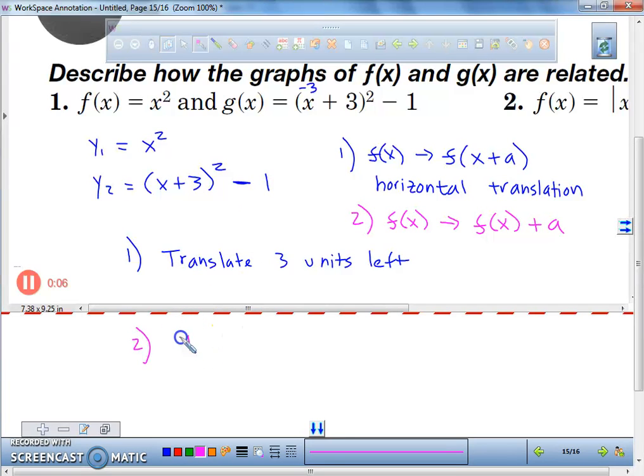So this was translated 1 unit down. This doesn't deal with a horizontal translation, it deals with a vertical translation.